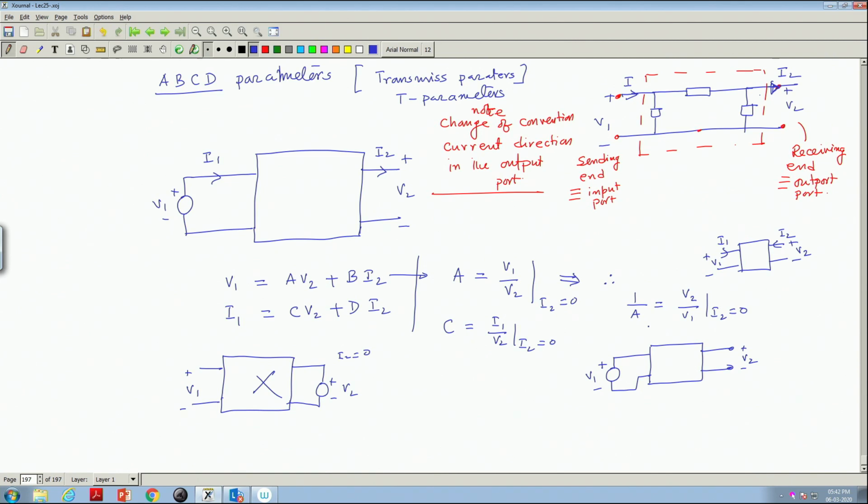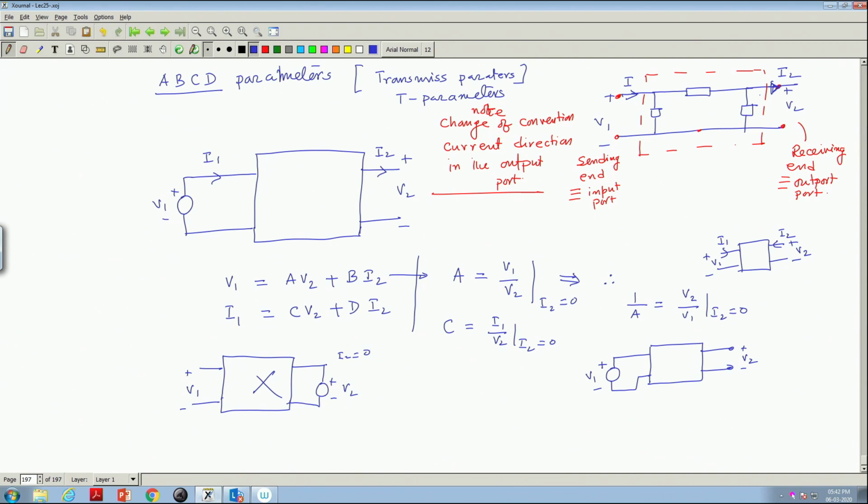You got the interesting point here. Therefore, A is V 1 by V 2 with I 2 equal to 0, so I would apply a voltage V 2 to the output port and measure this voltage V 1, but I am not sure what to do, because with V 2 applied, I 2 may not be 0.